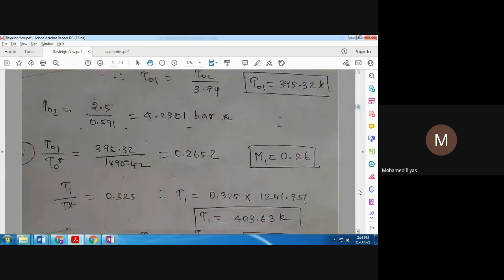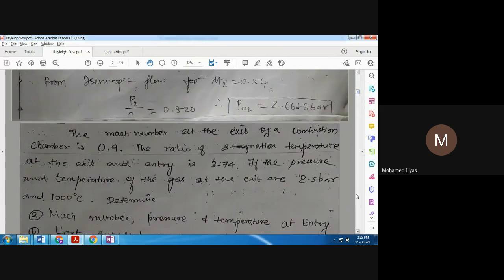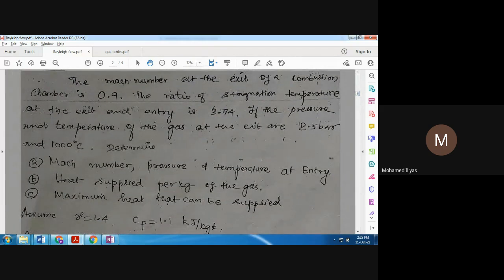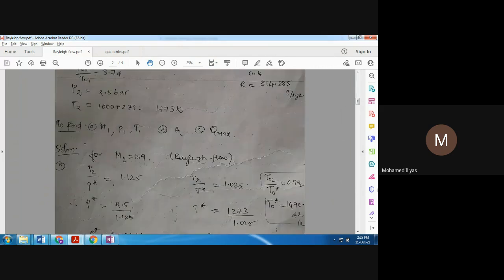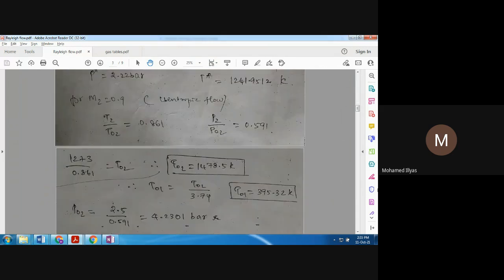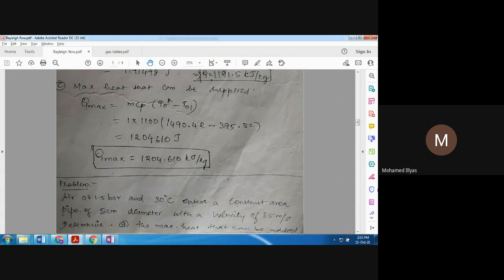So let me show you. After taking the screenshot, please, this is the first problem you've already taken. The second problem, I'll just show you. You can take a screenshot and see if you have any doubt. The next problem.